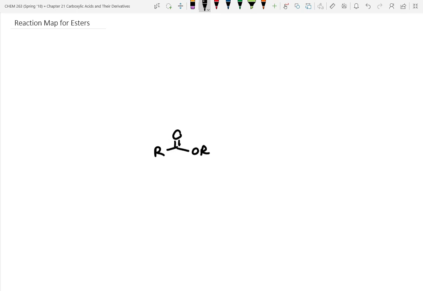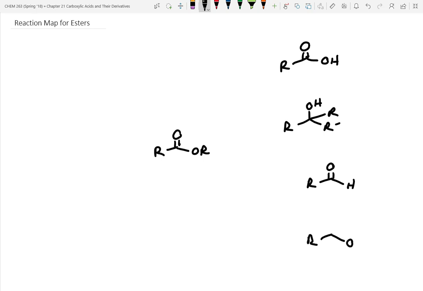So we've got our ester in the middle, got a carboxylic acid here. Got our tertiary alcohol. Got our aldehyde. Got our primary alcohol. Then over here, I'm going to do a second equivalent of acid.